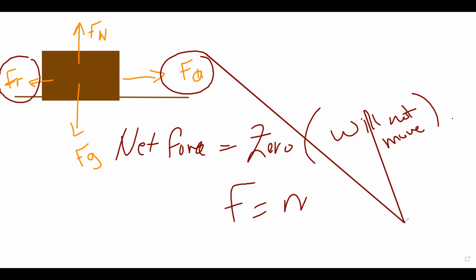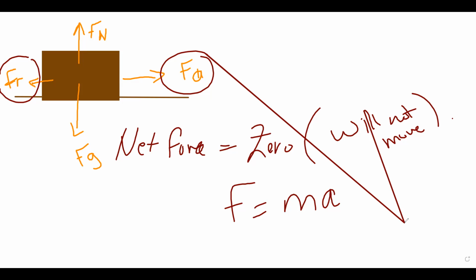Teacher, why isn't it static friction? What is static friction? Static is if you push the object and it's not moving. This is the static, where my applied force is less than the friction force.